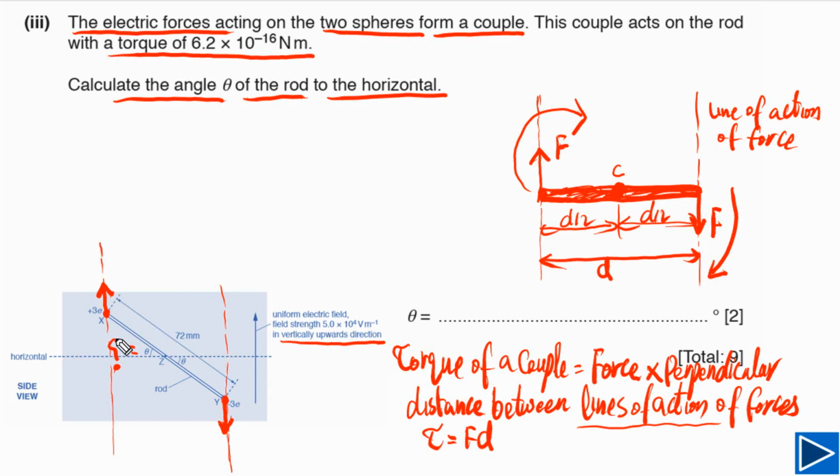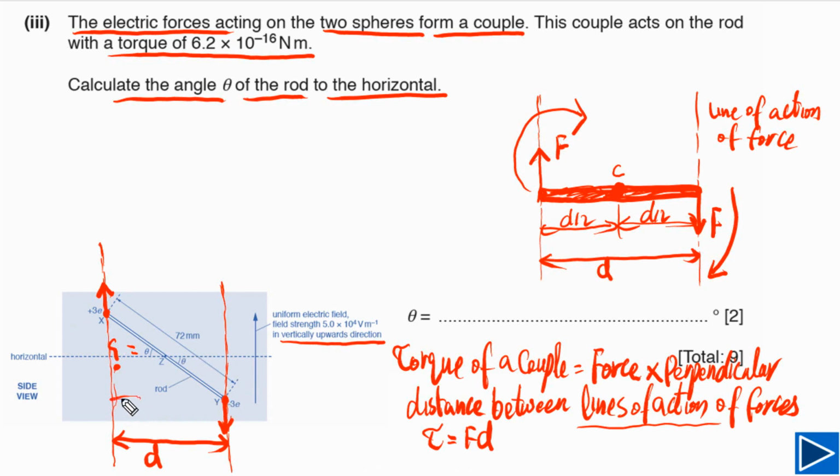Now let's try to understand this arrangement. We have two forces: this is the line of action of the force on the negative sphere, and this is the line of action of the force on the positive sphere, and the perpendicular distance between the lines of action of these forces is equal to d. But in this case the value of d is not given to us, so how can we calculate it?